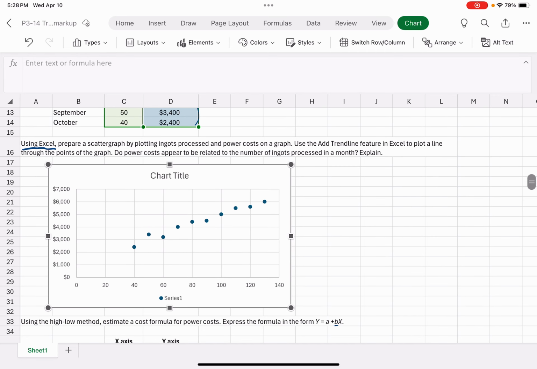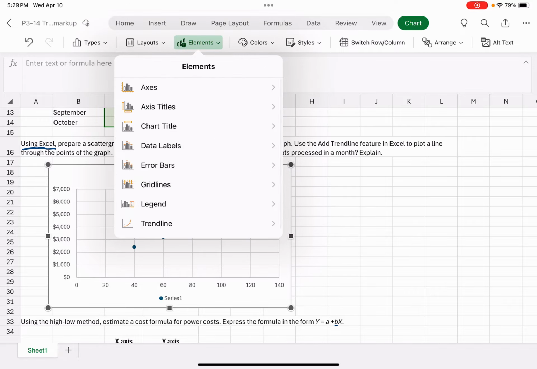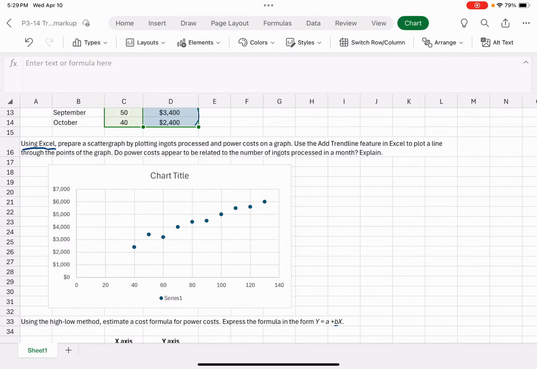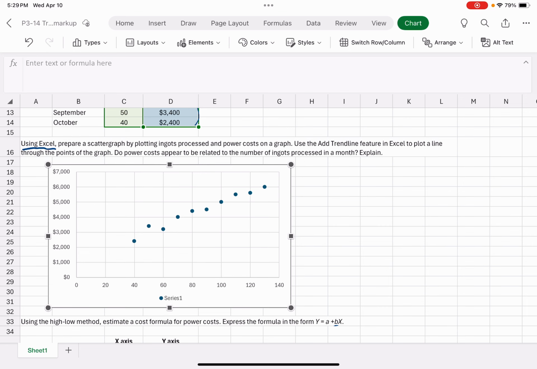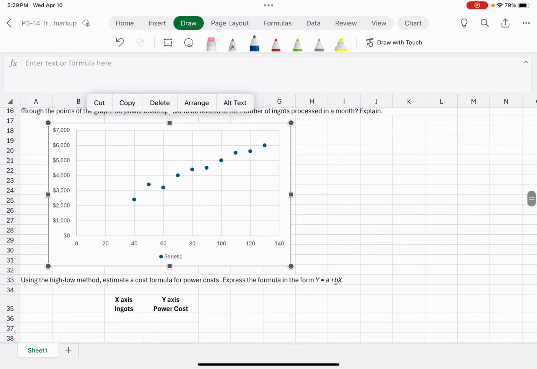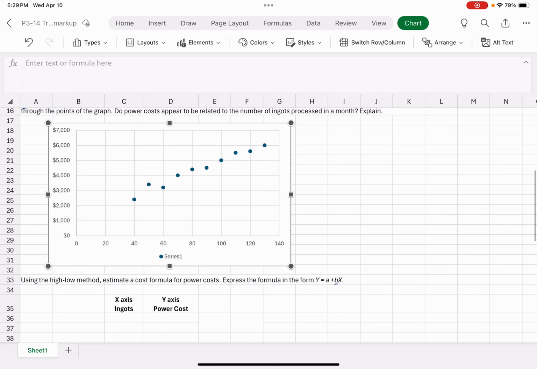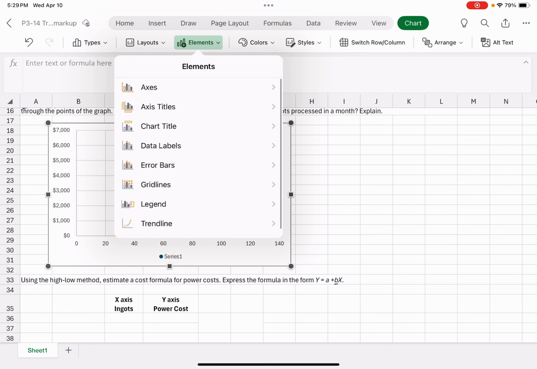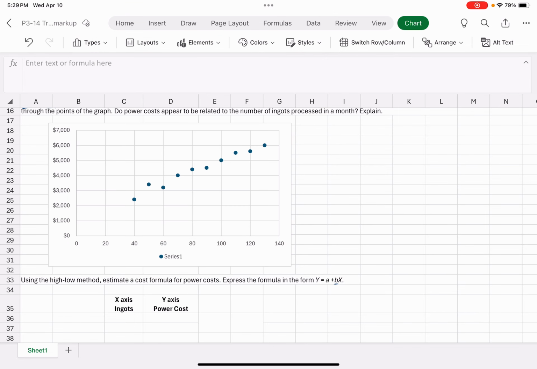Okay, so within this chart, which is now highlighted, and you can see that chart up here in the top menu bar is highlighted in dark green. And so we can look at the elements. I'm just going to get rid of that chart title. We don't need it. I'm going to get rid of the series 1 at the bottom. Let me go back to chart elements. I'm just going to get rid of that legend. We don't need it.